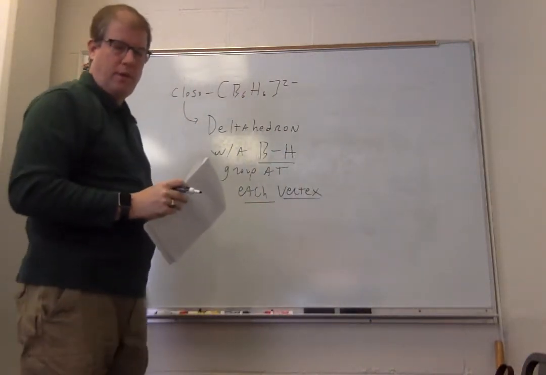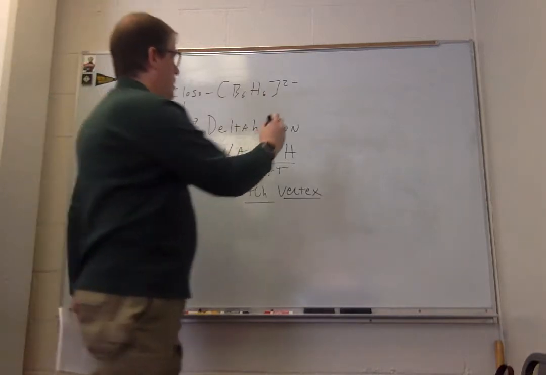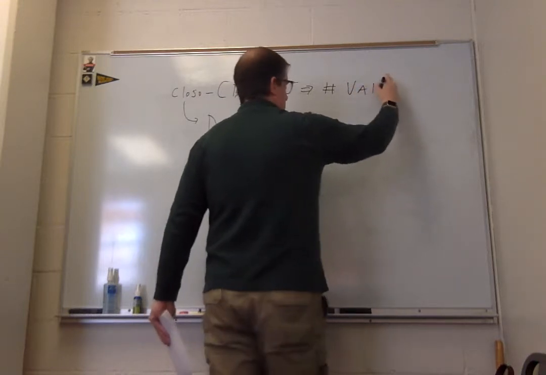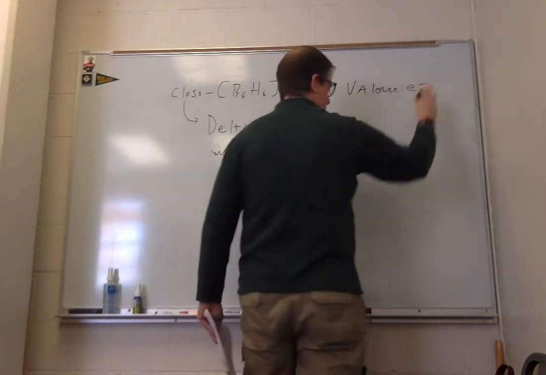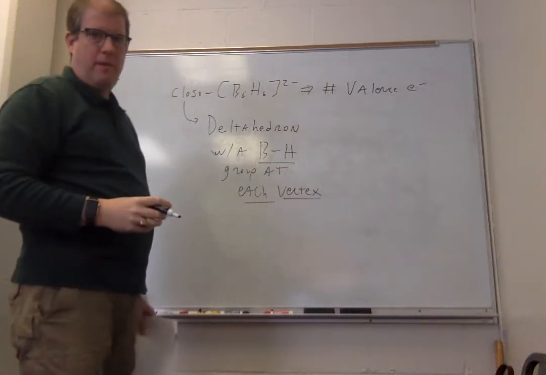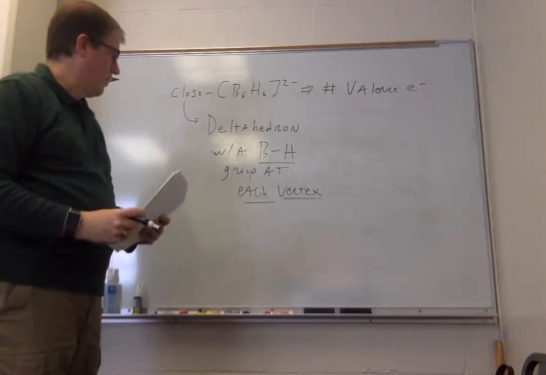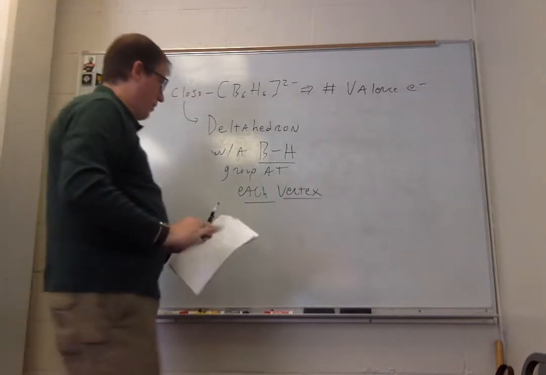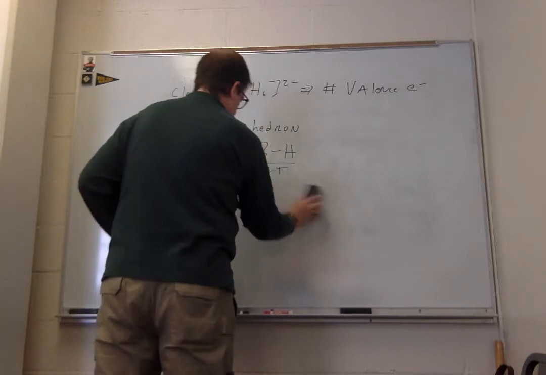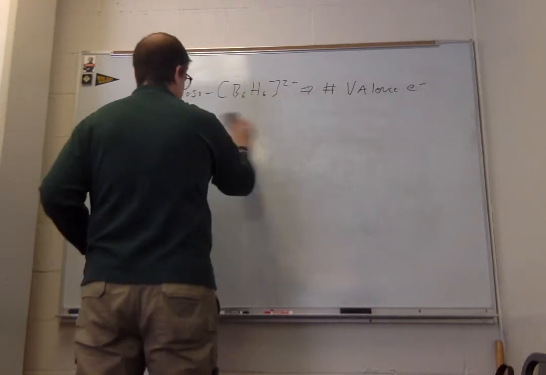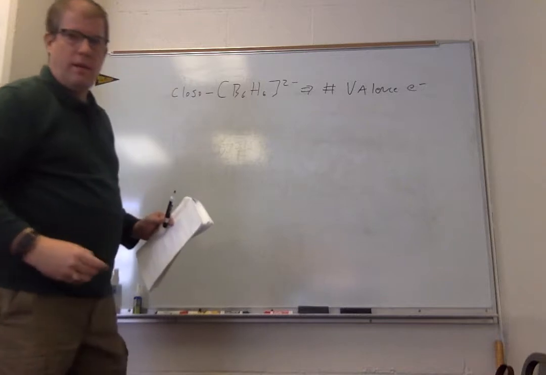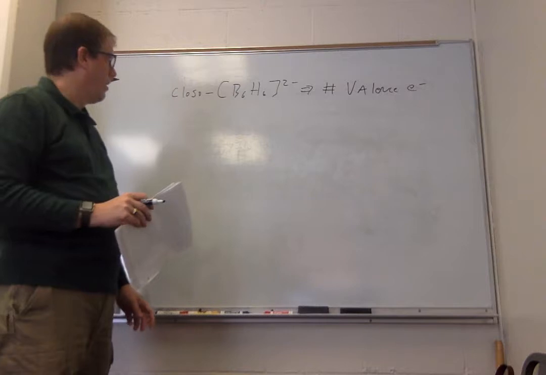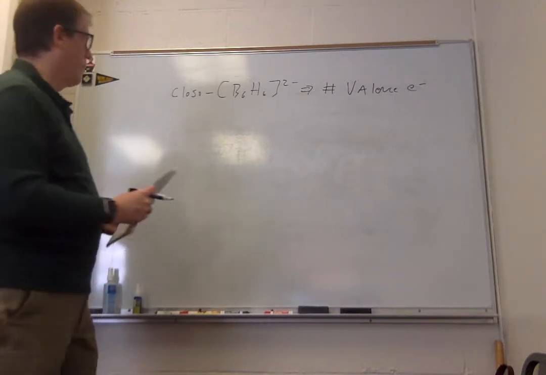Now, let's do some electron counting. So in our simple example here, and believe me, this is a simple one, how many valence electrons do we have total? This is something, again, that's probably old hat, but that we need to actually reapply in a different way, okay? So how many total valence electrons are there?